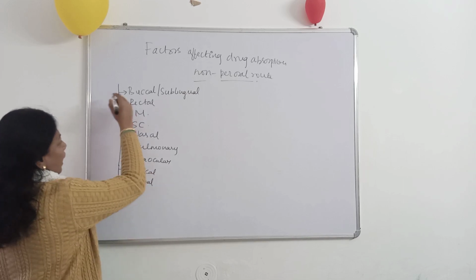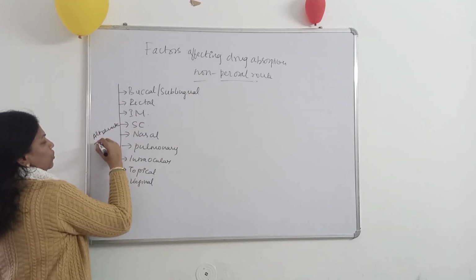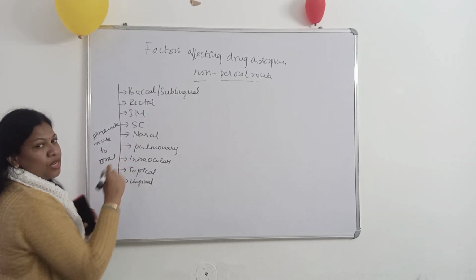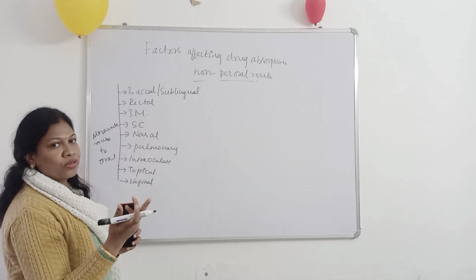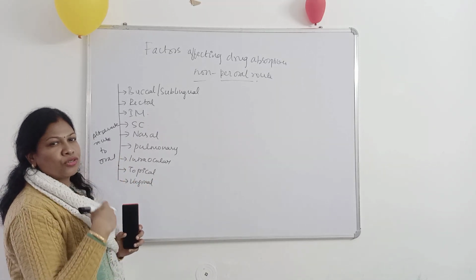These are all alternate routes of drug administration, alternate to oral route, and that is known as non-peroral route. Non-peroral route is nothing but the alternate route of drug administration other than oral route.